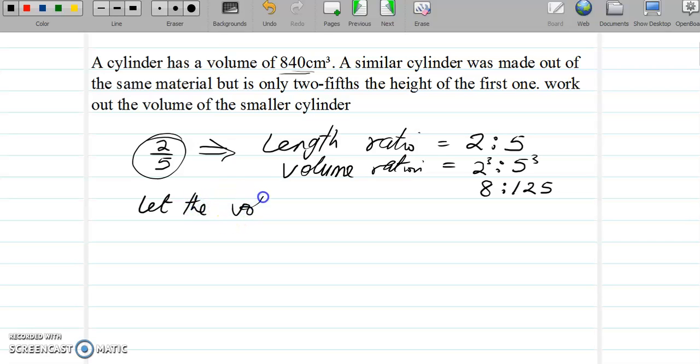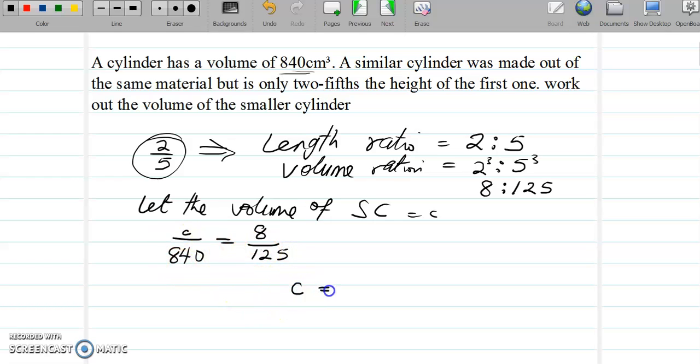Let the volume of the smaller cylinder be C. So I have C over the big cylinder 840, which is equal to the volume ratio, the smaller is 8 over the big one is 125. If I cross multiply, C is equal to 840 multiplied by 8 all over 125.